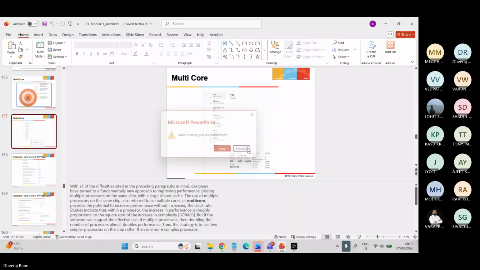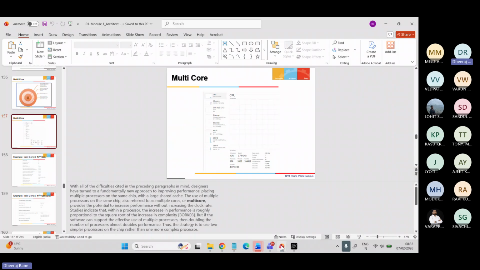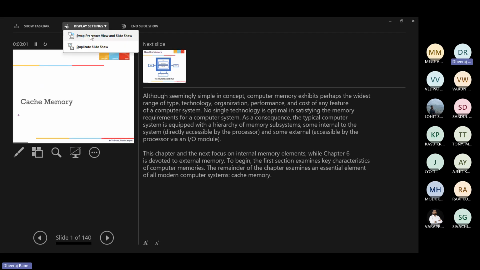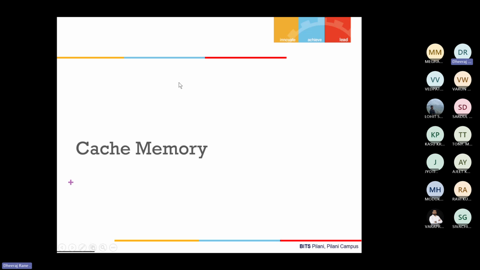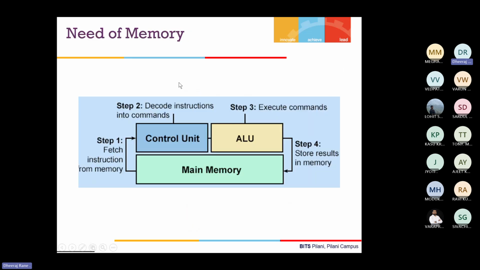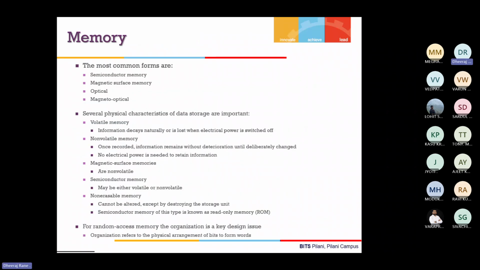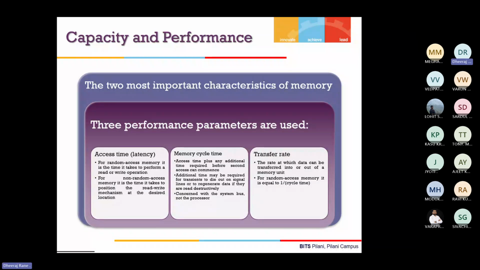Okay. Next, we have started with cache memory, as in what exactly is cache memory and where we can utilize it. So we had just started and gone through the various aspects, such as what is access time, memory time.